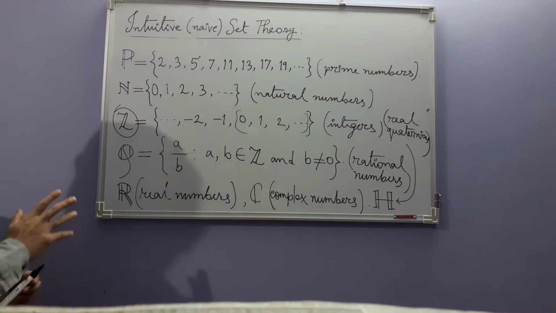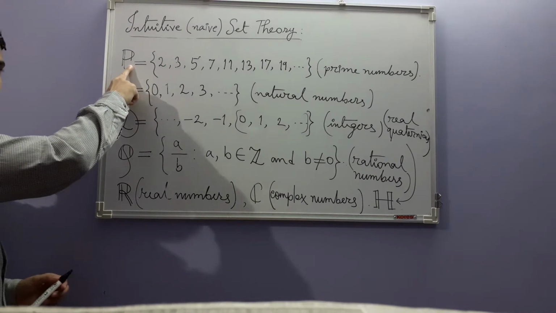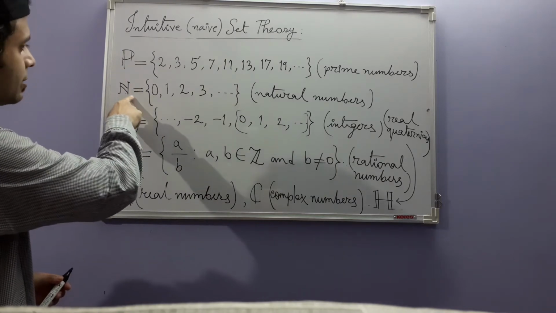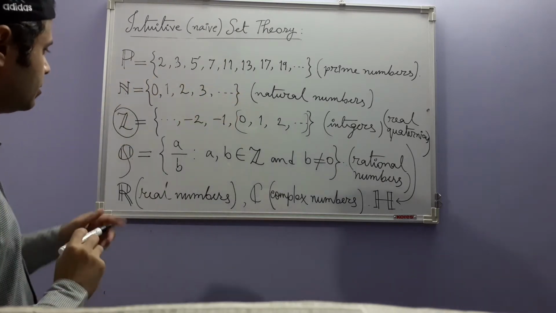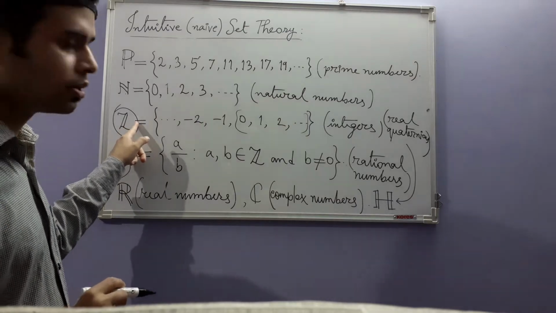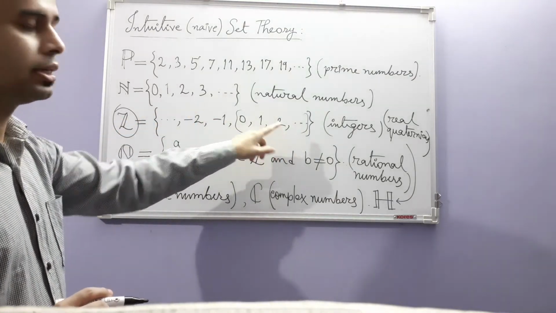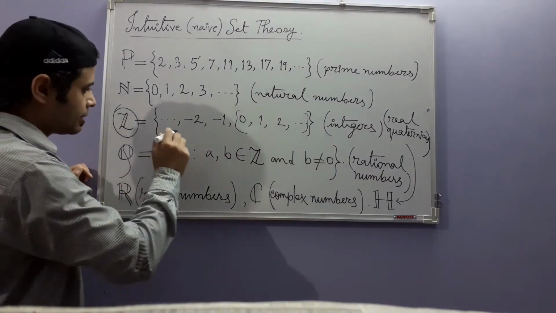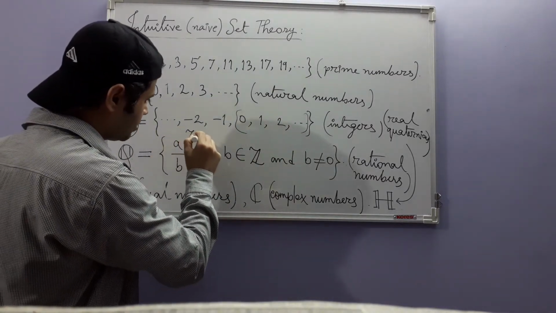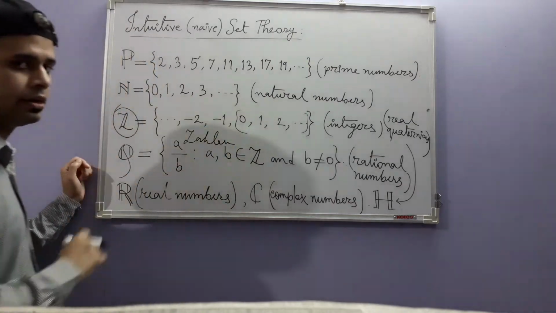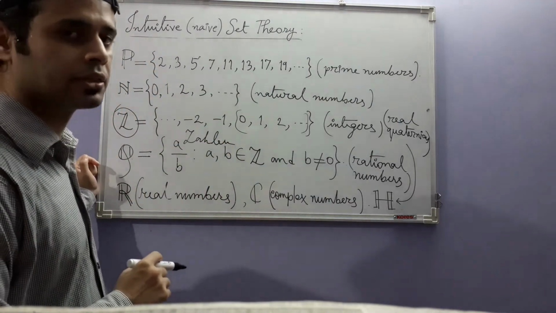P of course stands for prime, so that's why we have chosen P. N stands for natural number. What does Z stand for, and why are we using it to denote the set of integers? Z stands for the German word Zahlen. It means numbers.